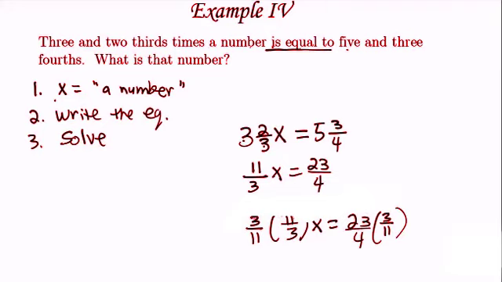And then what I get is the coefficient of x canceling out, because 3 divided by 3 is 1, 11 divided by 11 is 1, so that gives me x equals 23/4 times 3/11. And if you figure that out, it comes out to 69/44.